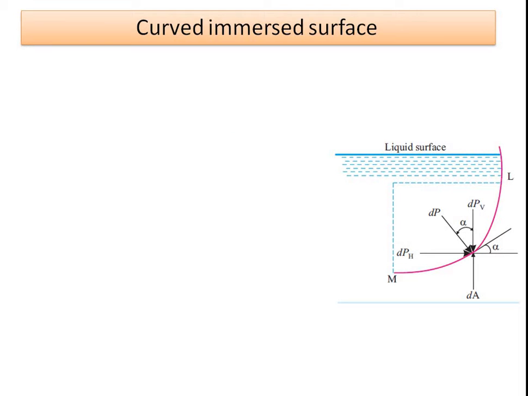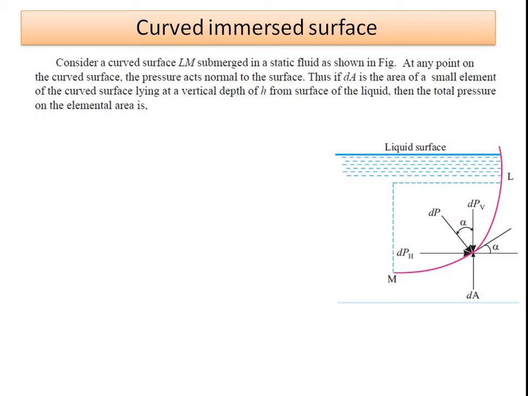Now, a curved surface is somewhat difficult and challenging for studying hydrostatic forces because it will not give the direct value of pressure p acting at any point. So, consider this curved surface LM submerged in a static fluid as shown in the figure. At any point on the curved surface, the pressure acts normal to the surface.